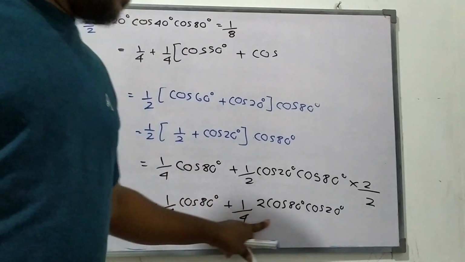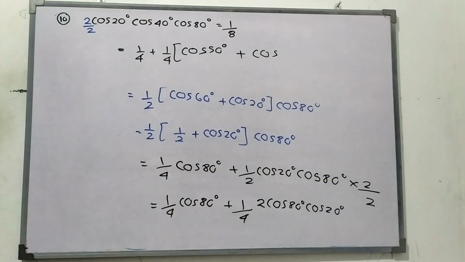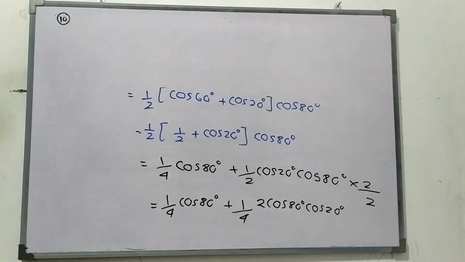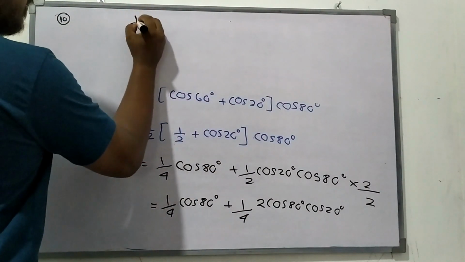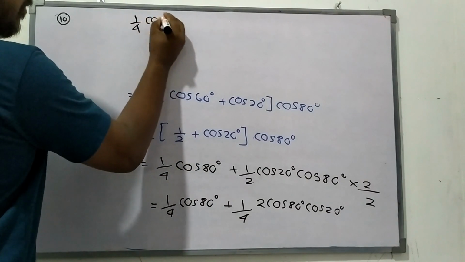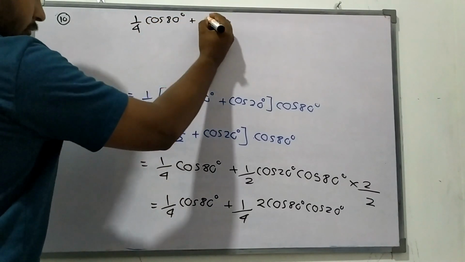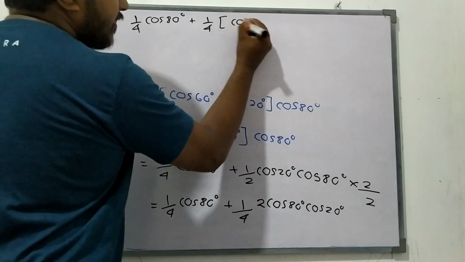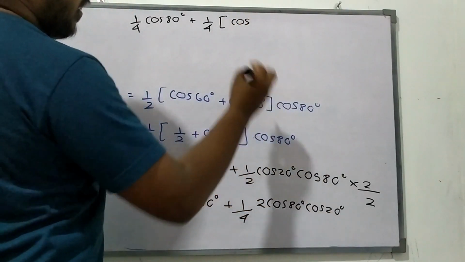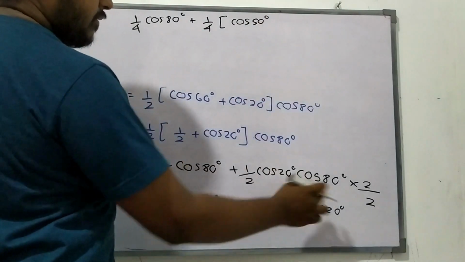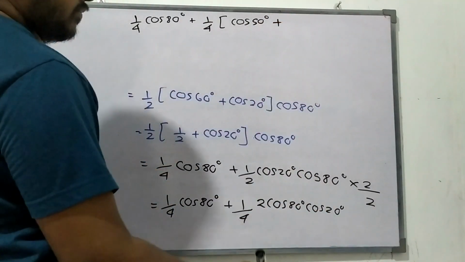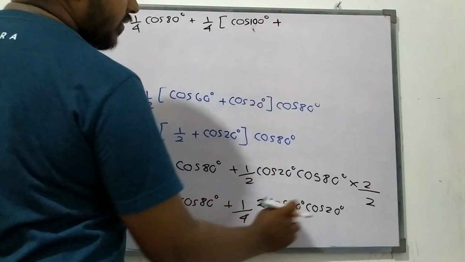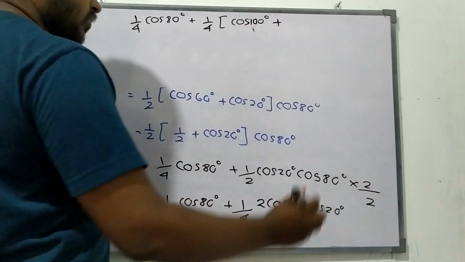We can again use the CD formula, right? It's 1 over 4 cos 80, 1 over 4 cos, which is cos addition, cos 50 and cos 100, addition and the subtraction cos 60.